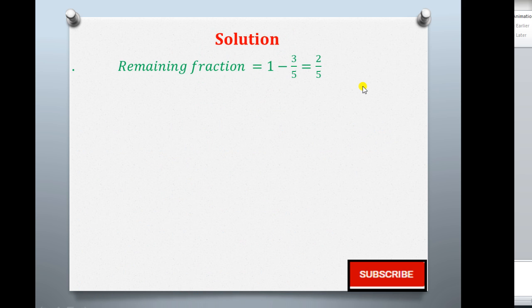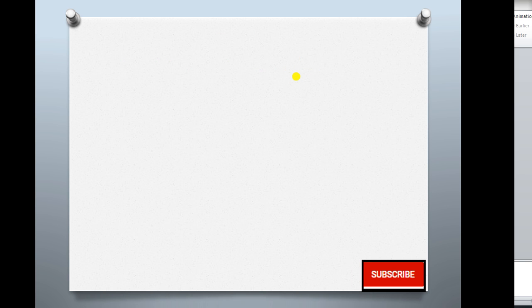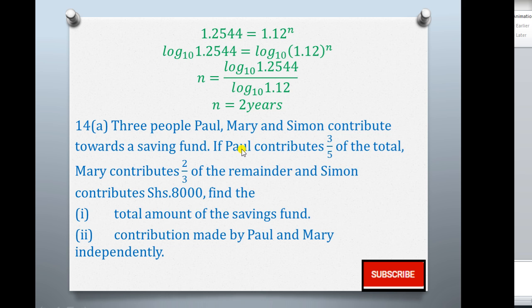So let's go step by step such that we don't get confused. Now remember, they told you that 3 out of 5 was a fraction that was contributed by Paul. So if Paul contributed 3 out of 5 of the total, what does it mean? It will mean that our remaining fraction will be the total fraction, which is 1 minus 3 out of 5.